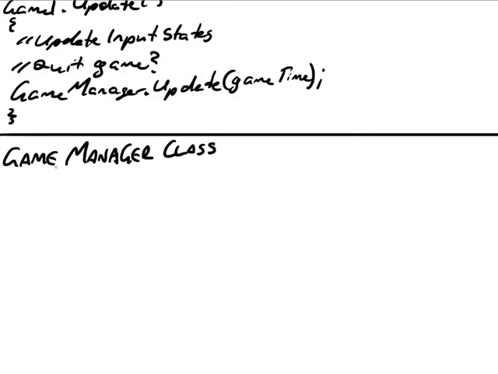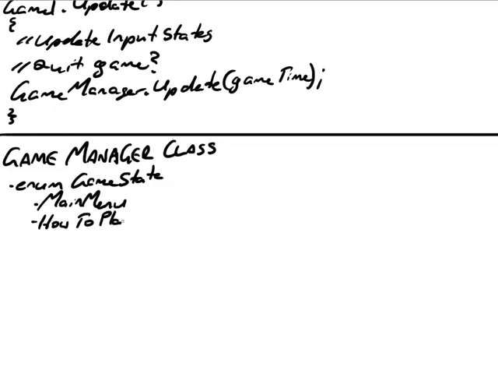So the game manager class, all it really needs is three simple things. It needs an enum called game state. Now there's three states that the game manager has. There we go. Now it's going to have three things available to it, which is main menu, how to play, and play game.